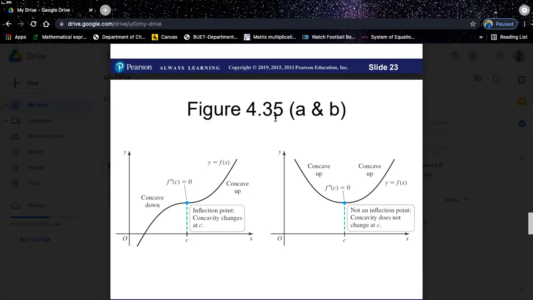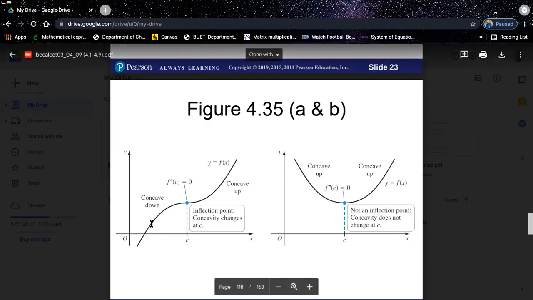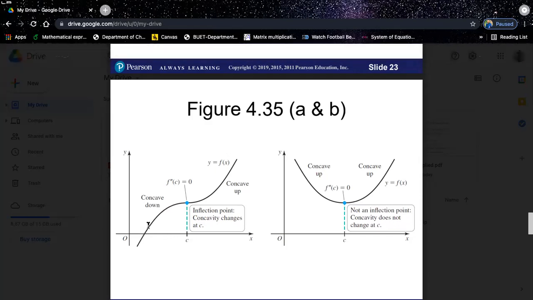And if you go to the bookish definition, you can still see this. This is a positive first derivative. I mean, the slope of the tangent line here will be positive. And even after this point, your first derivative is positive, right?